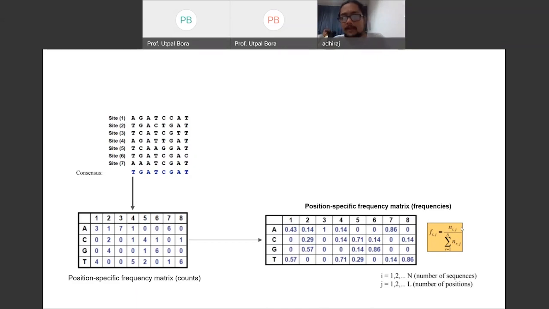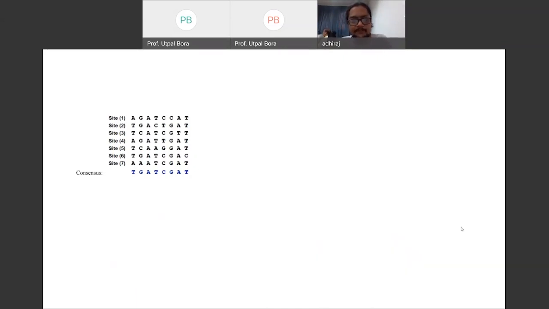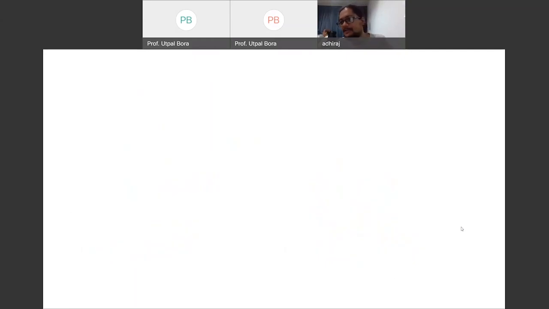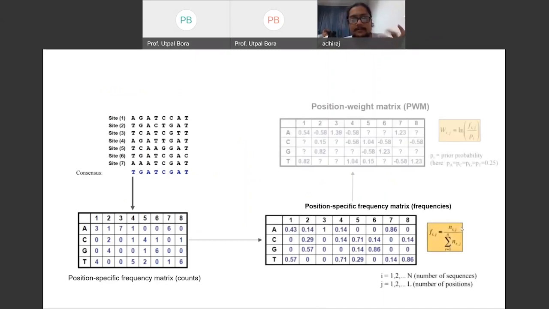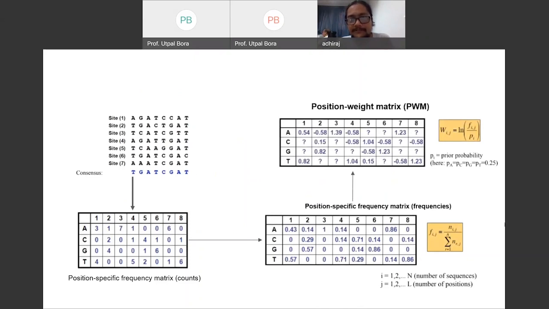Anyway, moving forward, this is still not the position weight matrix. There's one final step to convert it into a position weight matrix. The position weight matrix is finally calculated after you divide the whole thing by 0.25 in case of nucleotides, or 0.05 in case of amino acids.